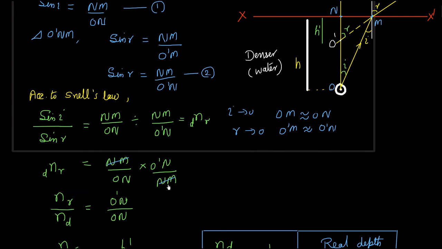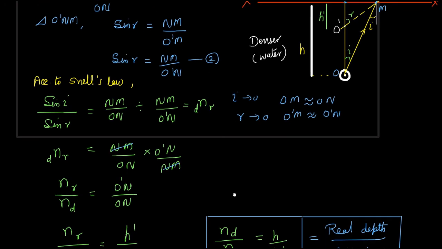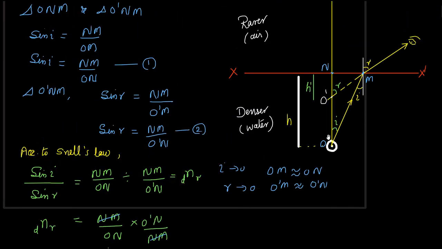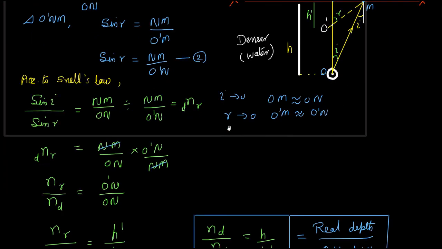NM gets cancelled out. So refractive index of rarer medium by refractive index of denser medium equals O dashed N by ON. And what is O dashed N? O dashed N is the apparent depth h dash. ON is the real depth h.